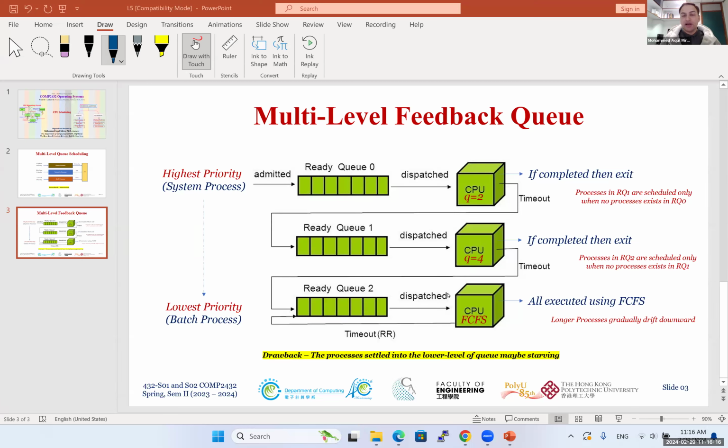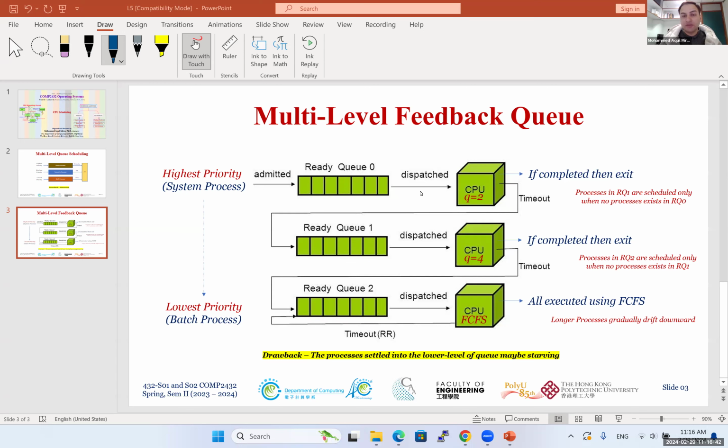And similarly, whenever you have processes in the last ready queue, they will be executed in the first come, first serve manner. Let's see how it happens. Suppose a process enters this ready queue, and that process will get executed for 2 quantum cycles. If it is completed in 2 quantum cycles, it will exit.